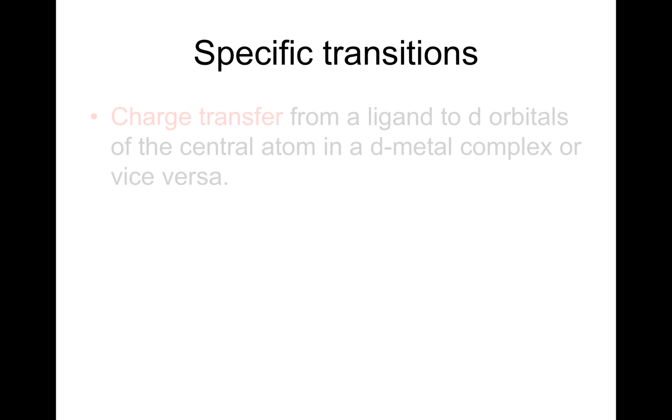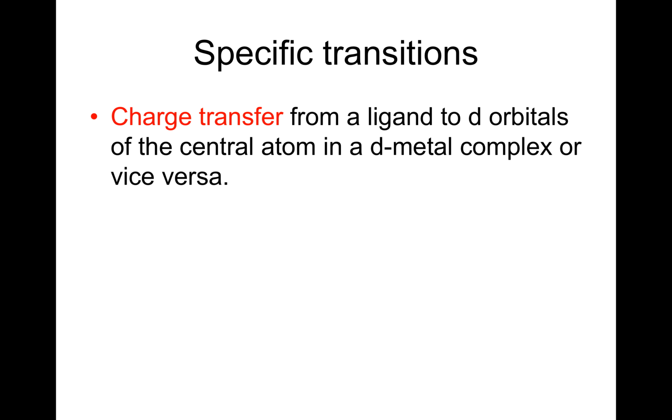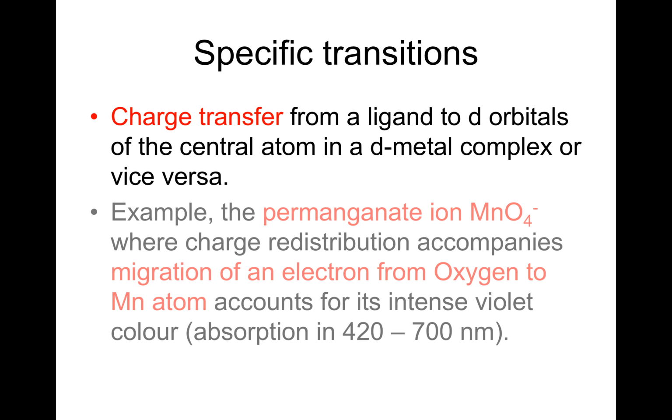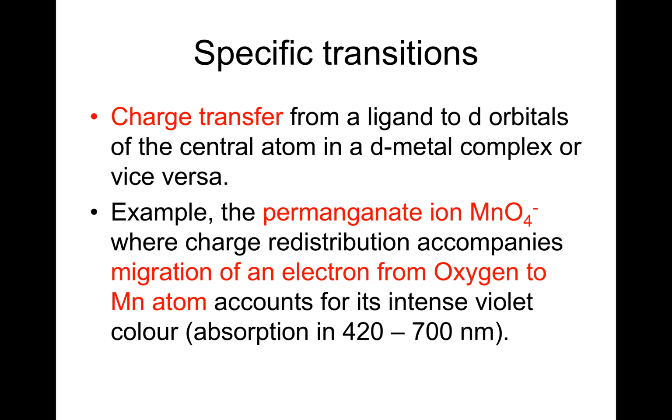Let's look at the specific transitions. Charge transfer from a ligand to d orbitals of the central atom in a d metal complex, or vice versa. Example, the permanganate ion MnO4-, where charge distribution accompanies migration of an electron from oxygen to manganese atom, accounts for its intense violet color.